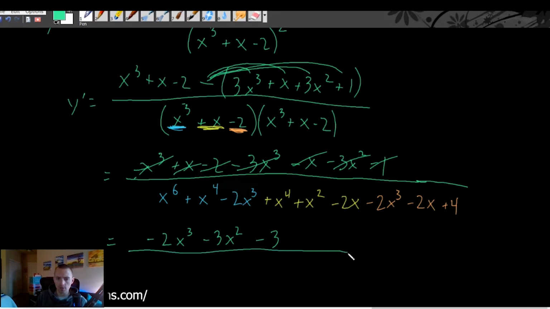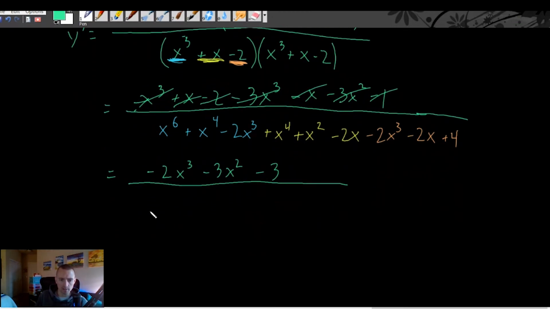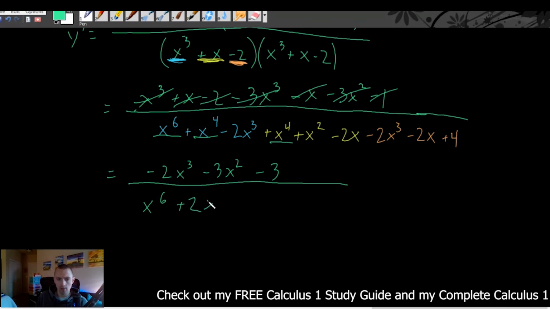Okay, so then again, we can combine our like terms on the denominator at this point. There's only one x to the 6th here. Then we have x to the 4th plus x to the 4th, which gives us plus 2x to the 4th.